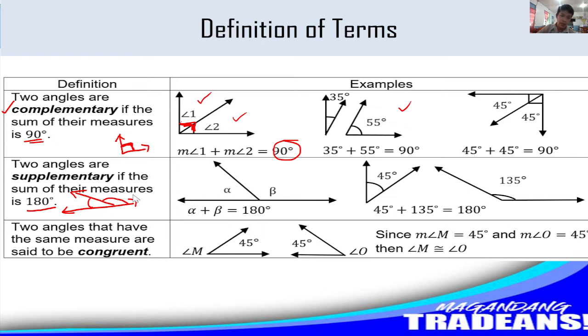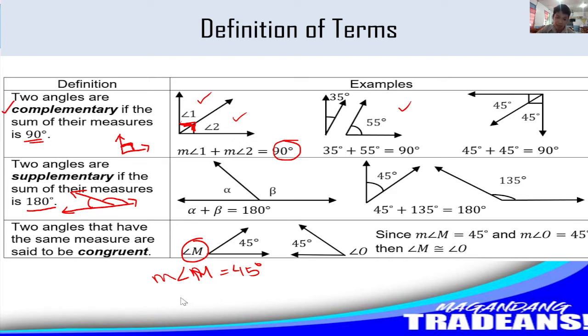Next, congruent. Two angles that have the same measure are said to be congruent if and only if the measures of their angles are equal. Example, angle M, how do we read this? Angle M measures 45 degrees. I will write it here: the measure of angle M, with a capital M for the angle, and the small m is the measure. The measure of angle M is equal to 45 degrees.